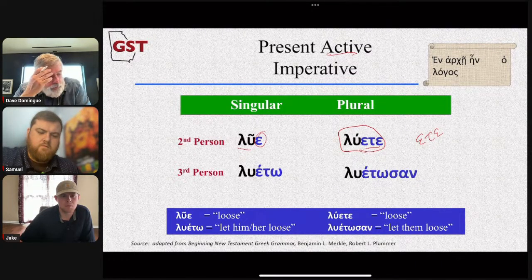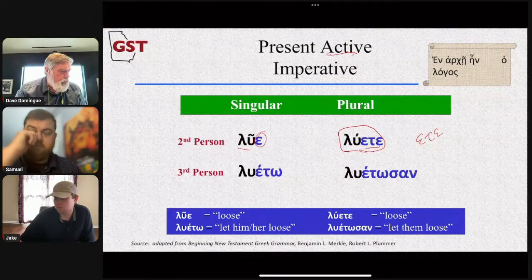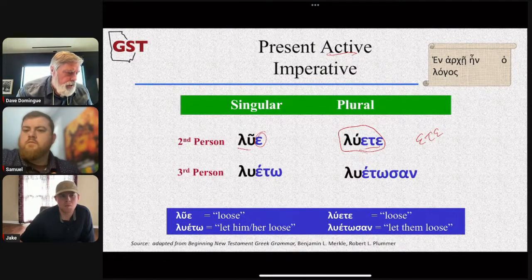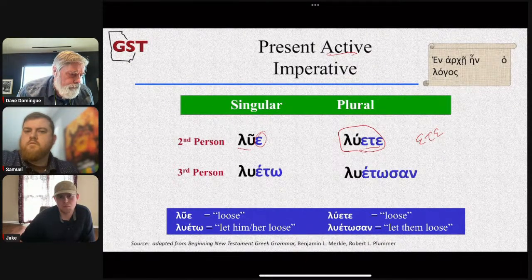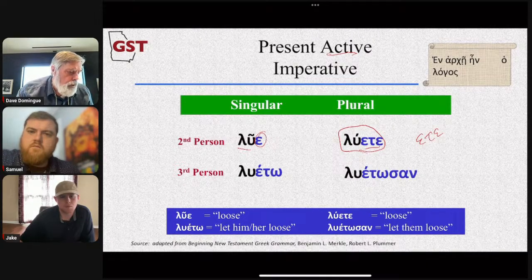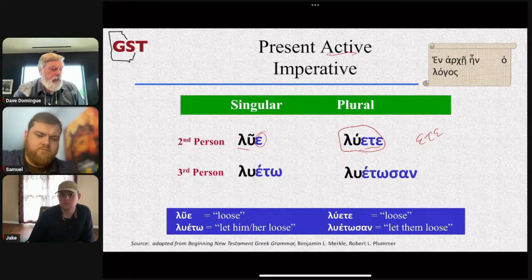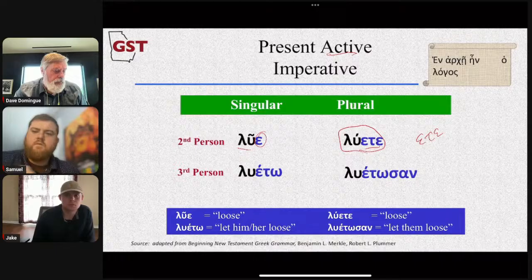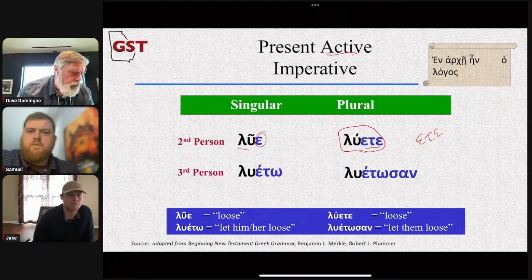I'm trying to remember the example. I think it was in this book or another book I was reading. Let me see. Yeah, I can't remember. Sometimes it's a little bit difficult to determine. I thought it was in this book.